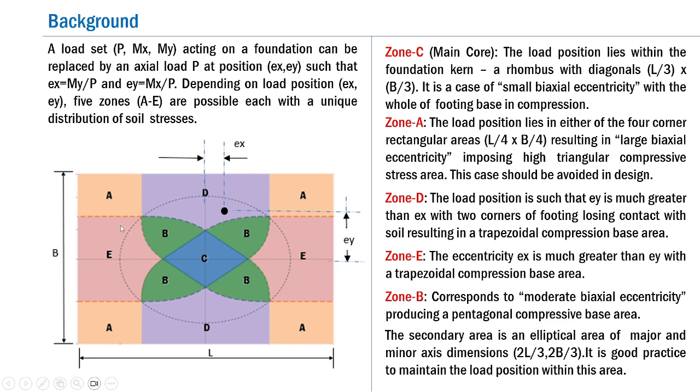So the designers should ensure that the load position for the set of P, Mx and My lies, as far as possible, in this secondary area. Remember, here I have marked the footing dimensions L and B, and also the particular load position identified through Ex and Ey.